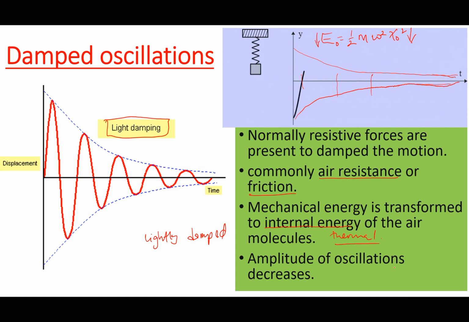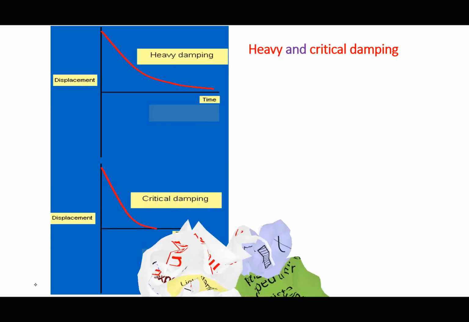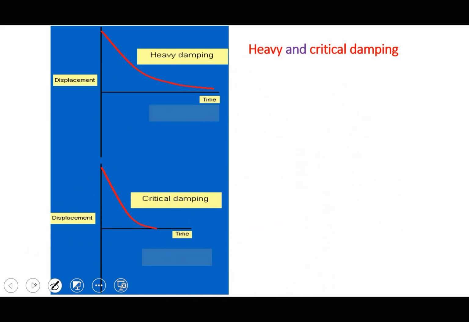Okay. We are going to discuss three types of damping. The first one was light damping, where the amplitude decreases exponentially as shown by this graph here. The other types are going to be heavy damping and critical damping.